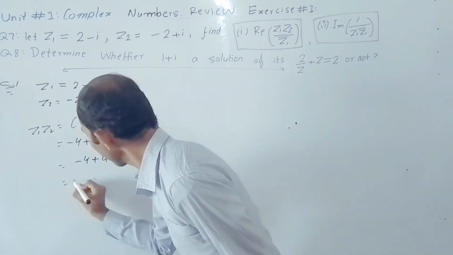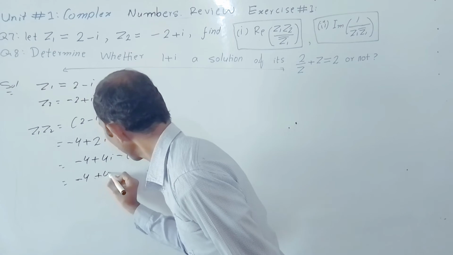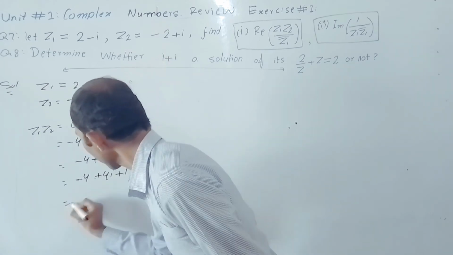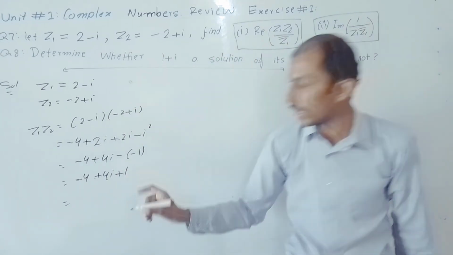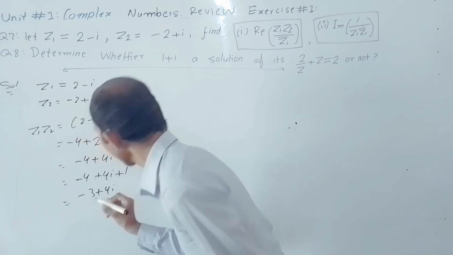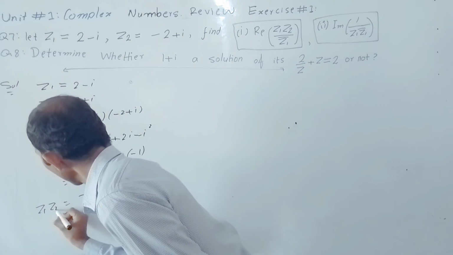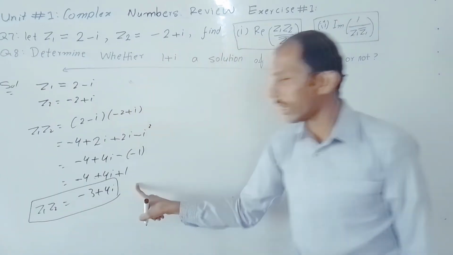So minus 4 plus 4 iota, minus into minus is plus 1, which is equal to minus 4 plus 1 is equal to minus 3. Minus 3 plus 4 iota. So z1 z2 is equal to minus 3 plus 4 iota.